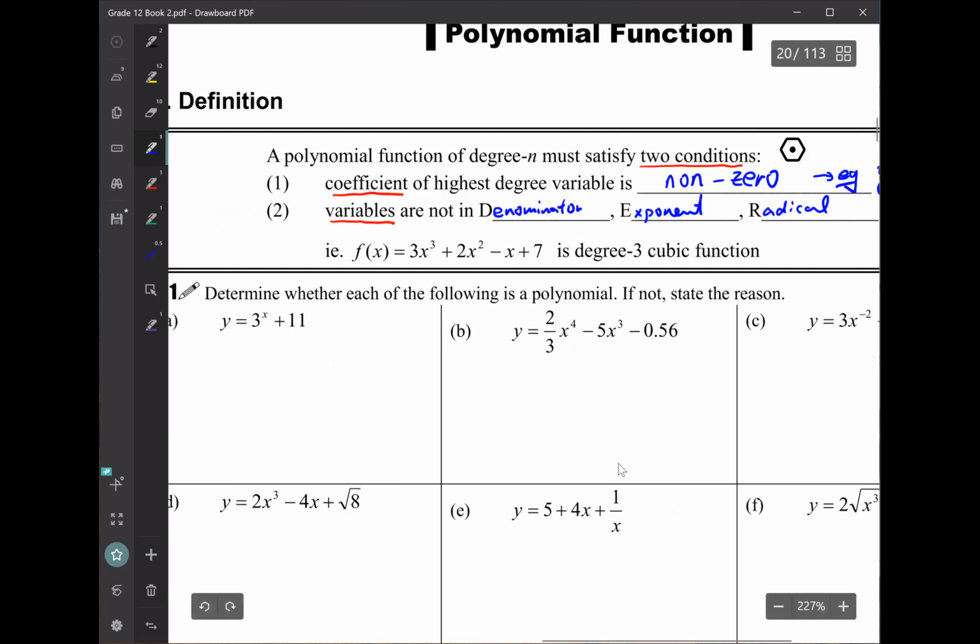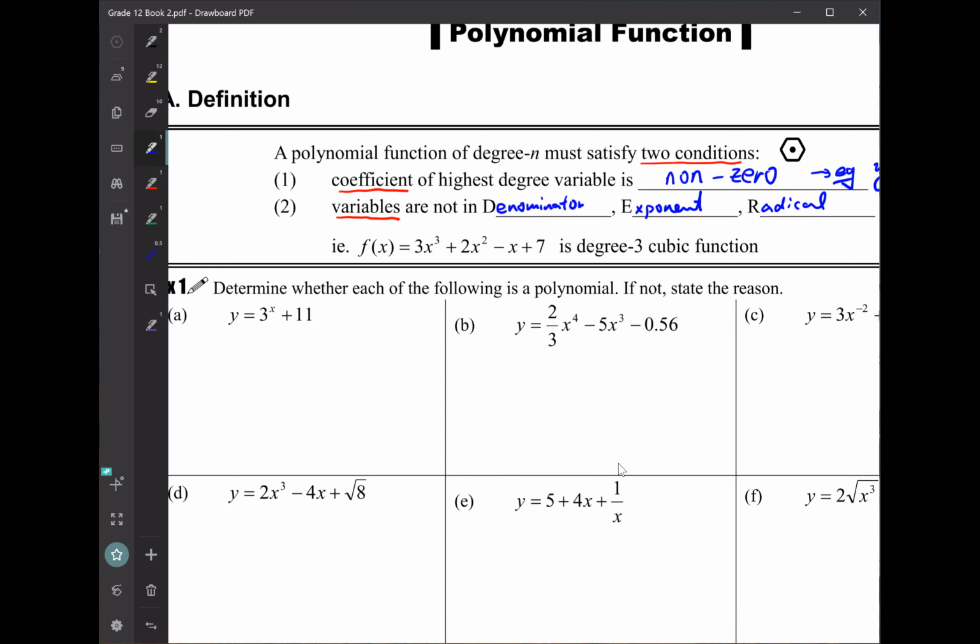Okay. So for example here, right, this one, you have a degree 3, right? Degree 3, and it says it's degree 3, so you look at the exponent is 3, and also check the coefficient is not 0, right? Then that one is a polynomial. And also all the variable, right?